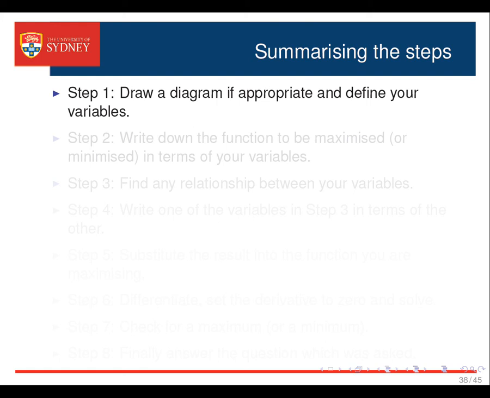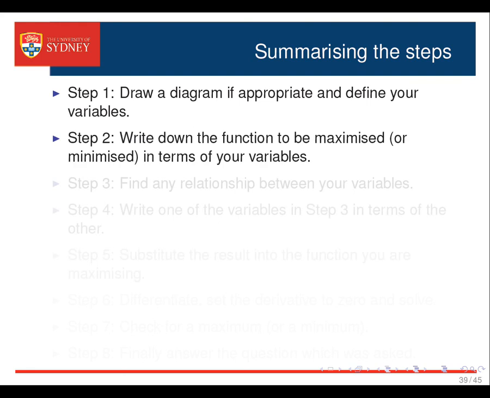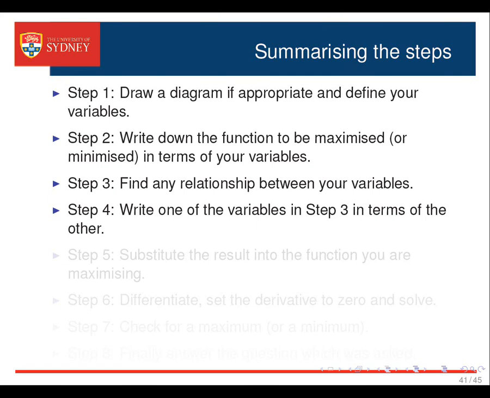The steps we have taken to solve this problem can be summarized as follows. First step, draw a diagram, if appropriate, and define your variables. Next, write down the function to be maximized or minimized in terms of your variables, and find any relationship between your variables. Then we write one of the variables in the previous steps in terms of the other.